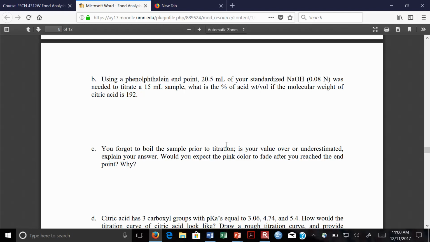Then you multiply by the equivalent weight, which is 192 by 3, I believe that's 64.